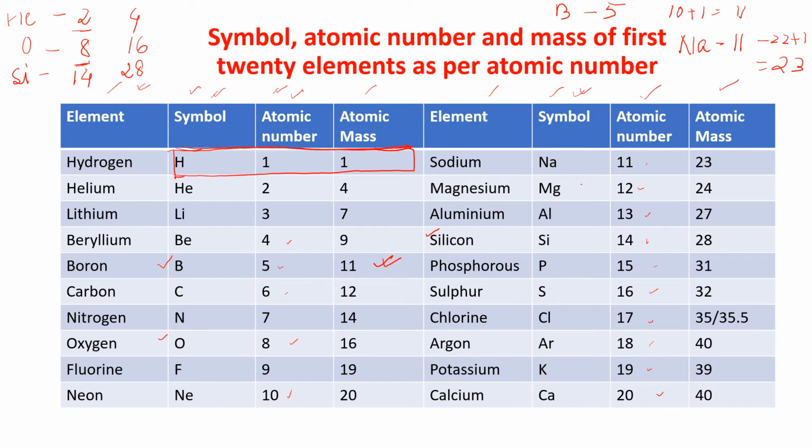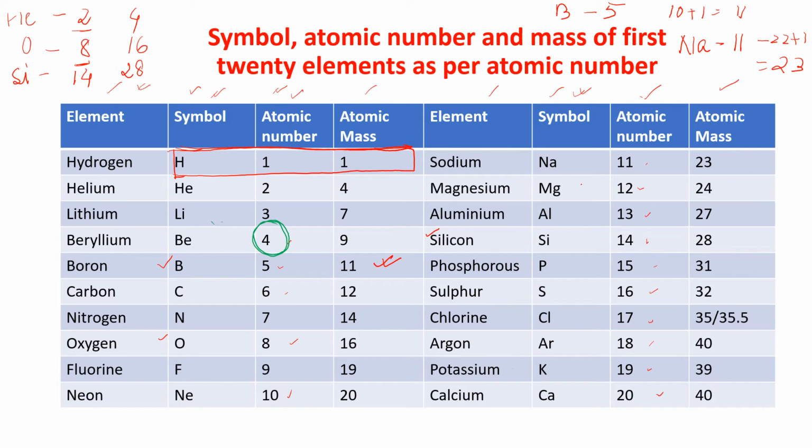Atomic mass and mass number is same. Now, there are three exceptions. One is beryllium. Beryllium has atomic number 4, so it is an even number.